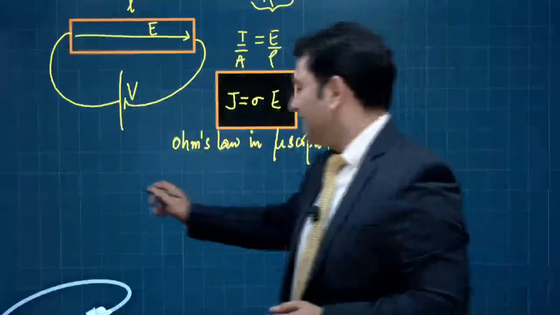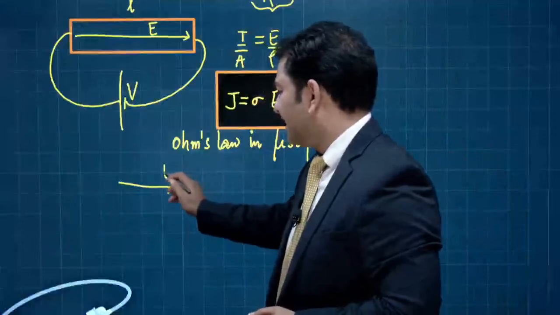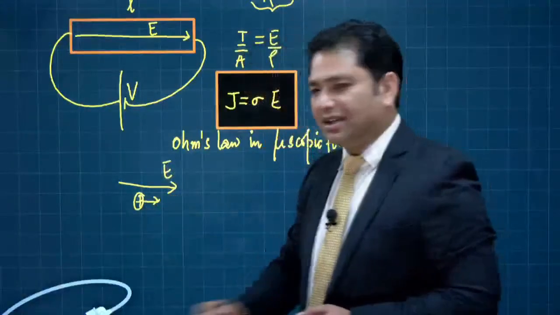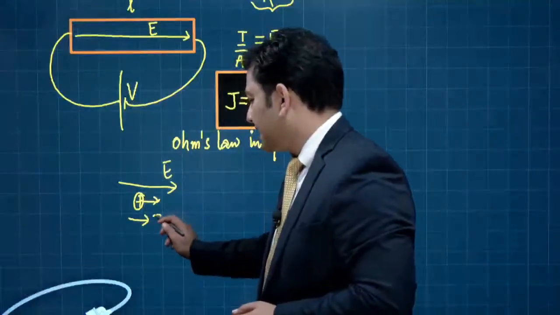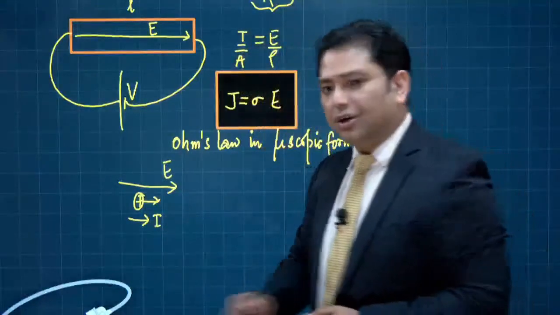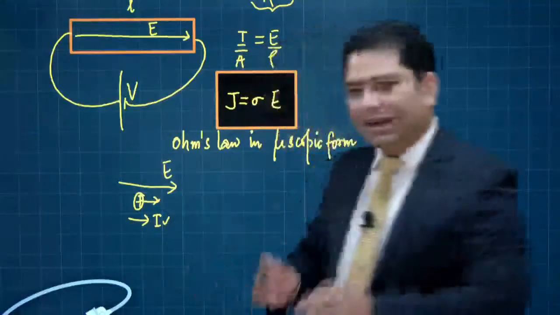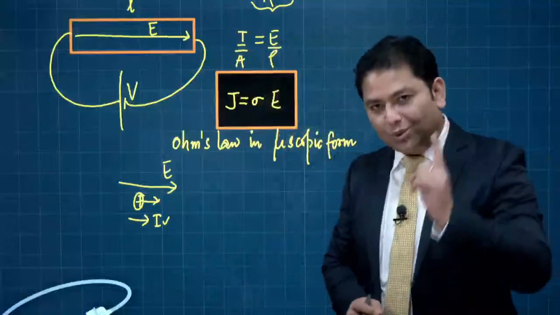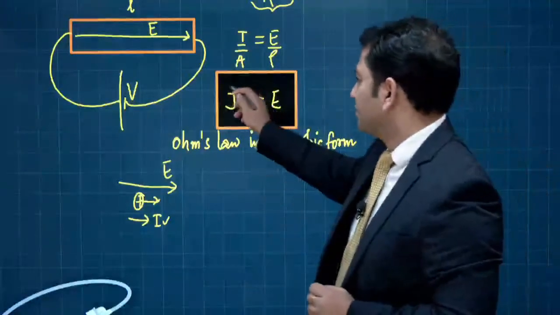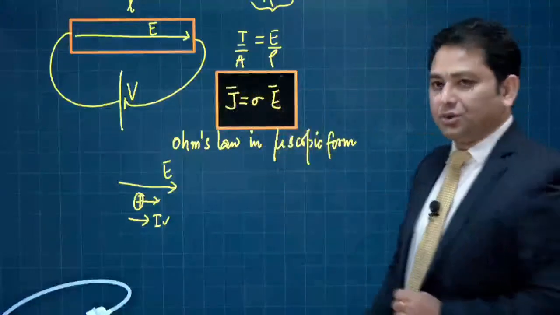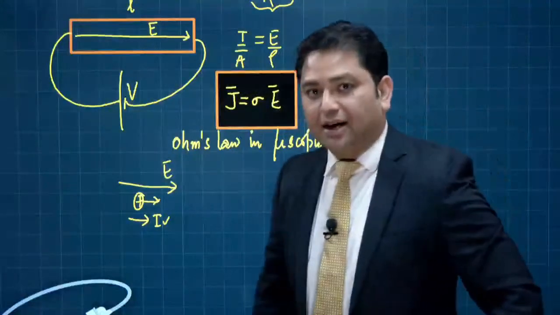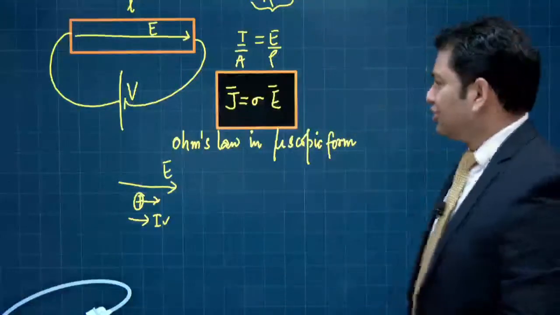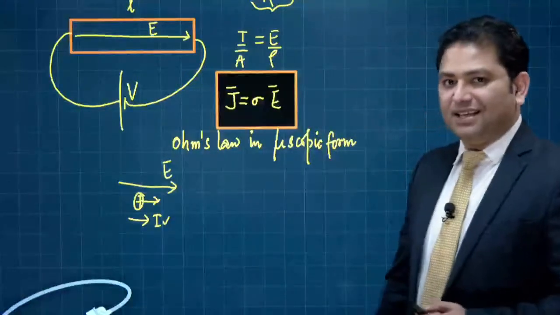This means, if that really confused you, if that's an electric field, positive charge would move in the same direction, so the current is in the same direction, and the current density also has that same direction. So here we come, J vector is sigma into E vector. That is how we establish it. That was quite a big achievement. J equals sigma times E.